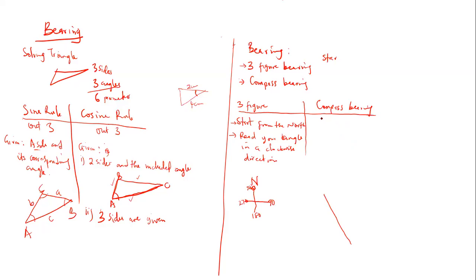Then we also have compass bearing. In compass bearing, we read our bearing in relation to the north or the south. So we start from the north or the south.